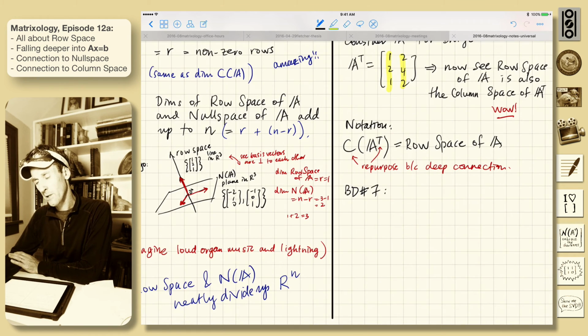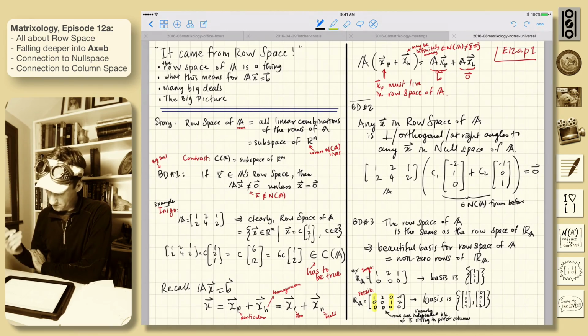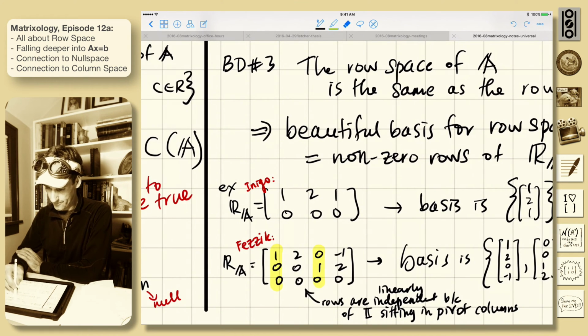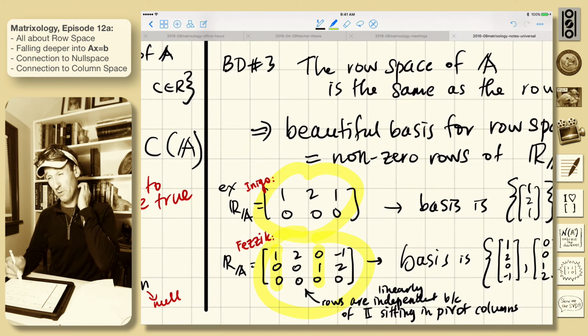Because we've got this connection, and we've seen just how awesomely nice the basis for row space is. We kind of had to fight for a basis for column space.